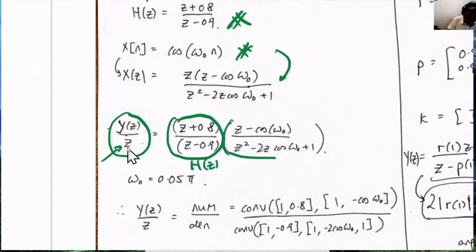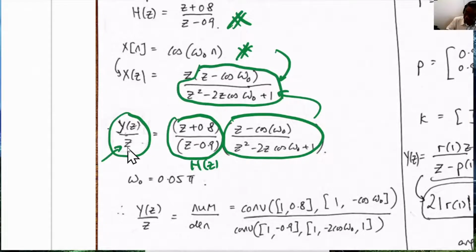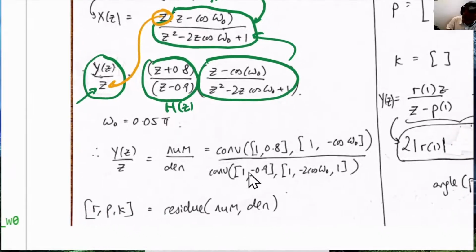And this is the cosine with part of this expression. Remember that this Z here has been brought down to the left hand side. Again, we do partial fraction expansion, and I'm using MATLAB to solve it. You have to solve it by hand, of course, for the exams.